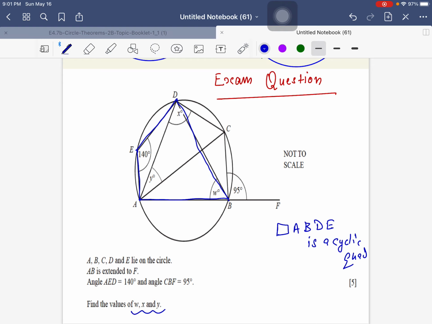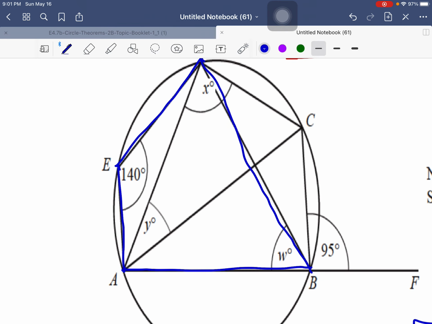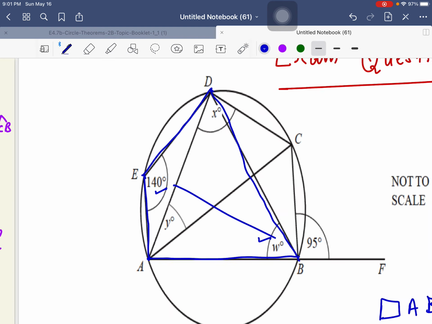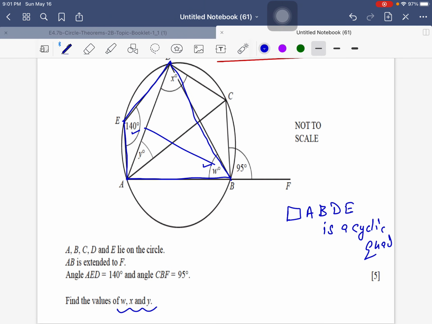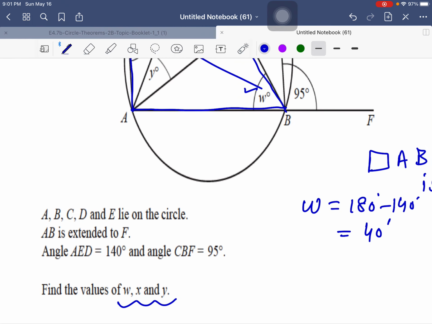That means opposite angles must add up to 180. 140 and W are opposite angles, so they add up to 180. That means W is equal to 180 minus 140, which is 40 degrees. W is done. We found W, it is 40 degrees.